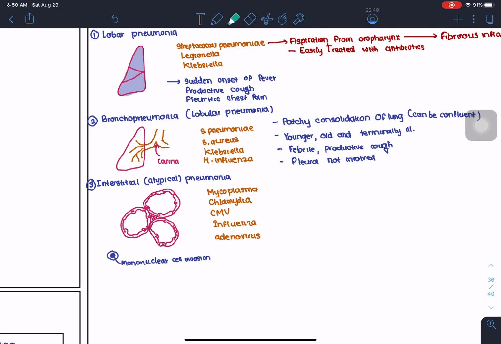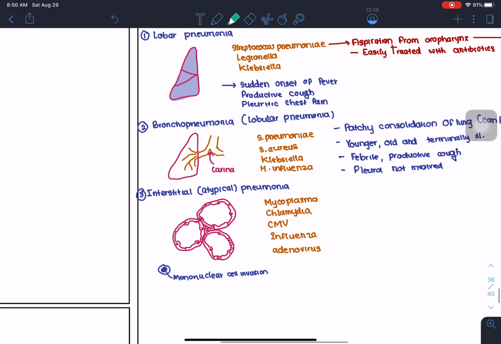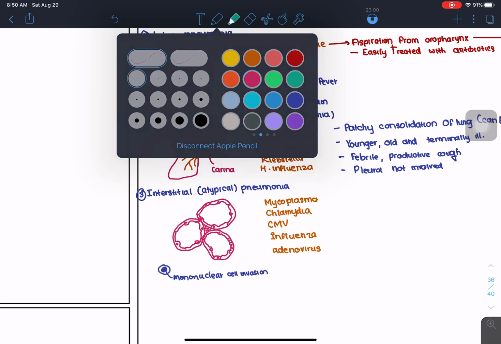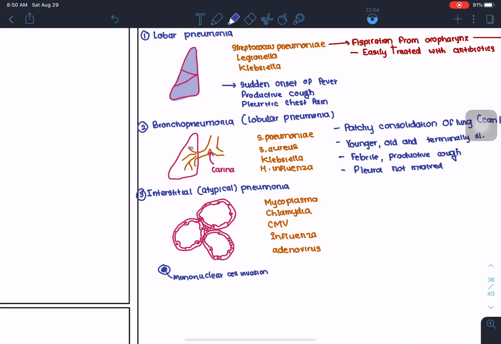Next, lobular pneumonia, not lobar. It's also called bronchopneumonia, same word. That involves the pathway of the bronchus. At the end of it, usually you get the infection.